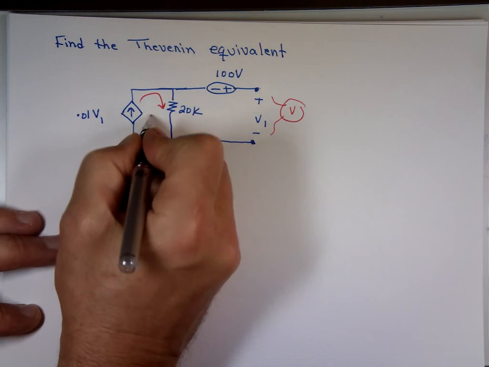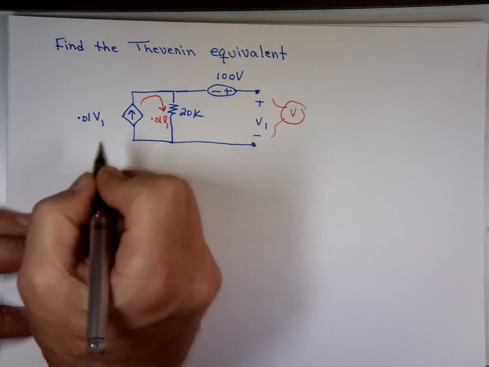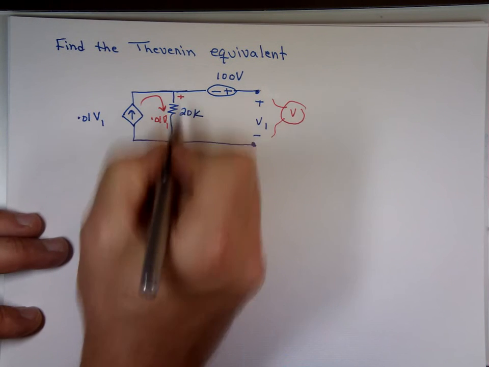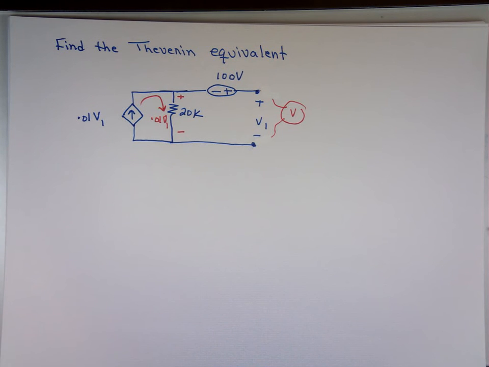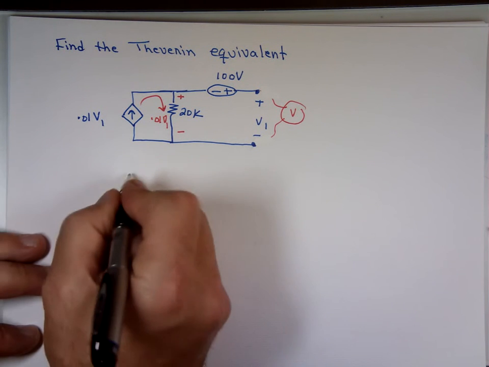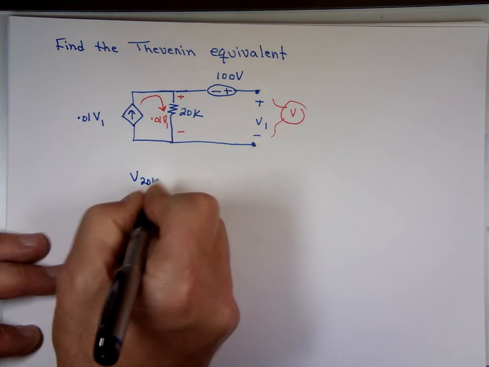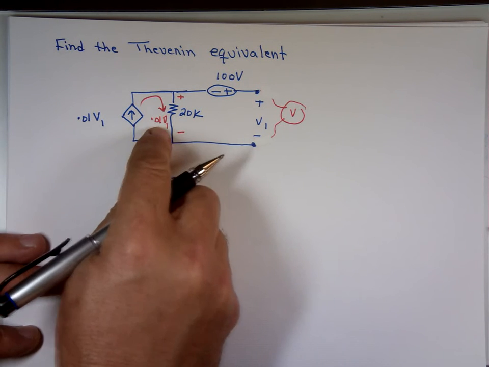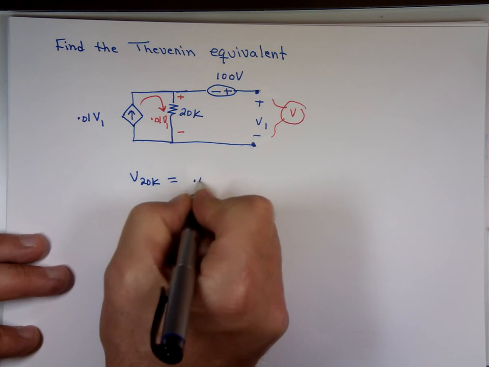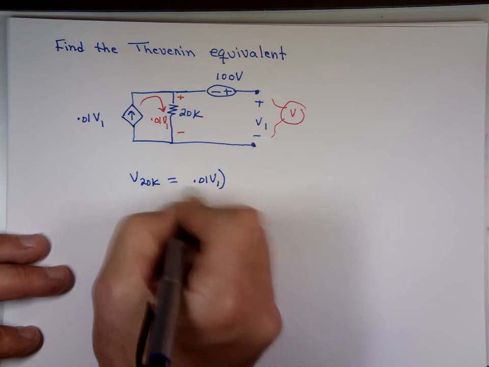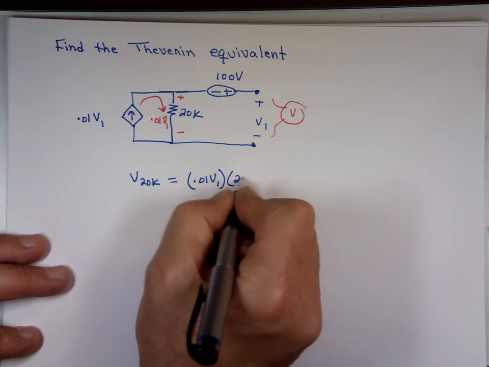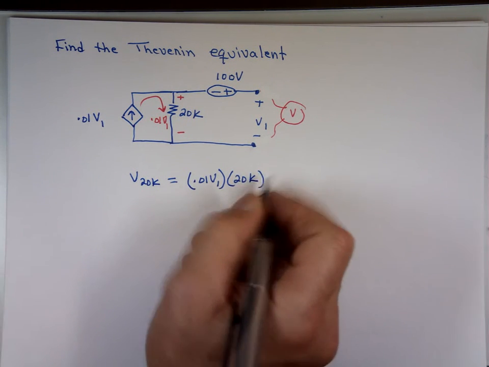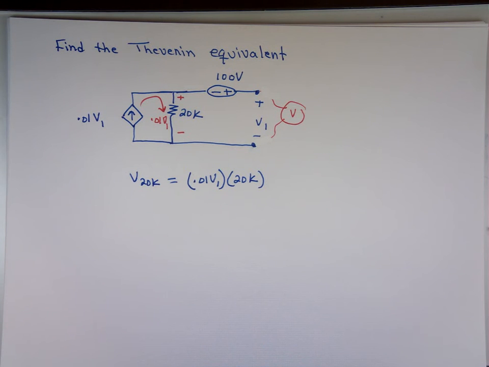So you have 0.01 V1, that's amp, current. So what's this voltage right here? The voltage across that 20k ohm resistor is going to be the current times that resistor. 0.01 V1 times 20k. Let me just take a peek to see if that value is milli or not. I forgot to look closely.